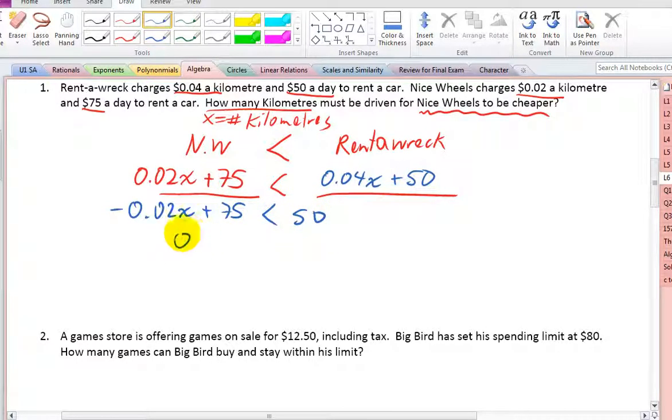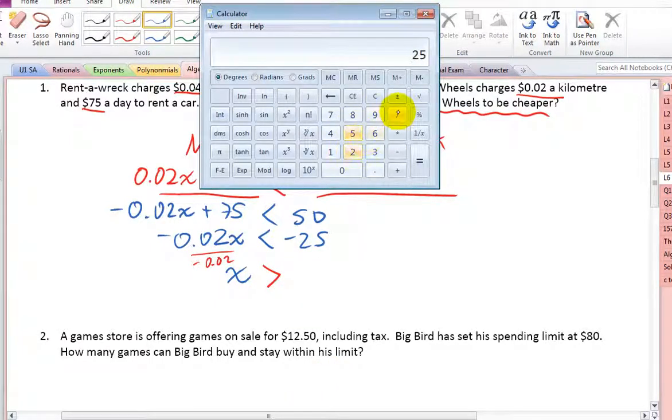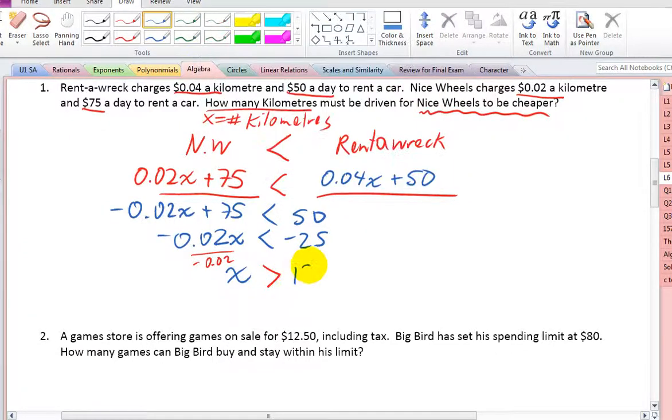Bring the 0.75 to the other side by subtracting, so you get negative 25. Now what happens when you divide by negative 0.02? Yeah, your sign changes direction. Okay, definitely a calculator for that. And it'll be 1250.